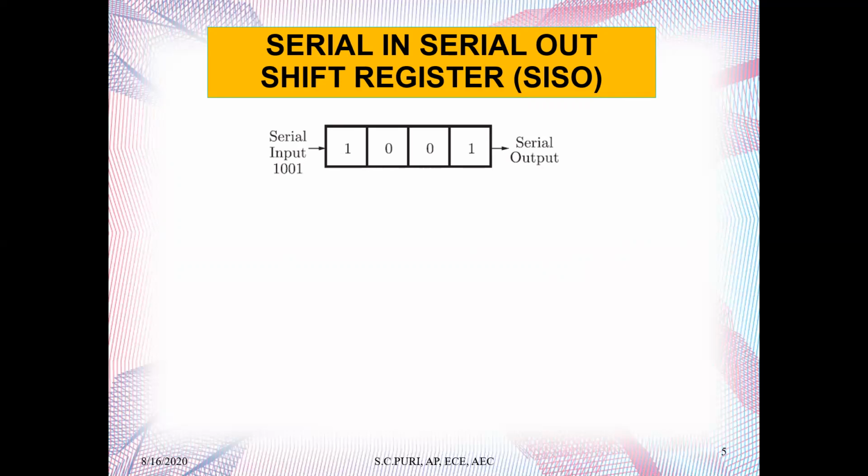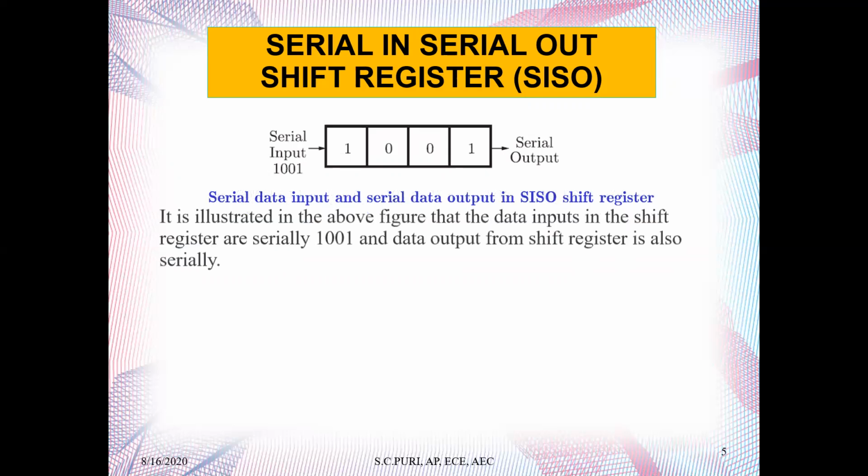Data will be entered serially, and after the data is entered serially, now one by one the data will be popped out at the output. So it will be serially in and serially out, and it is called a SISO shift register.